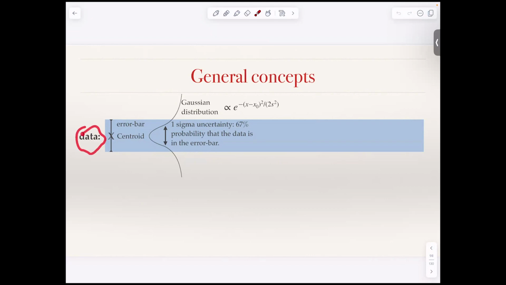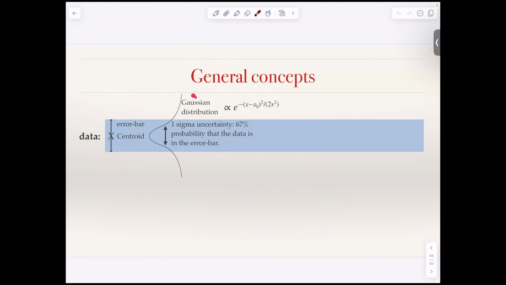Okay, so what do I mean when I say I have data? I mean that, for instance, some experimentalists or some observers provide information in the form of a centroid and an error bar. Okay, so this is the most general way that you can represent data.